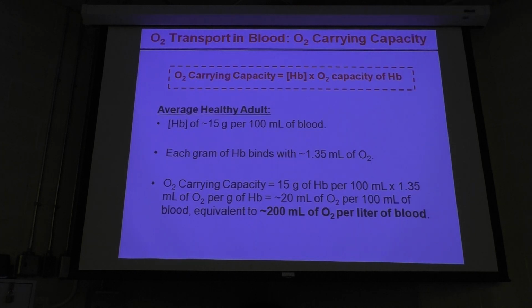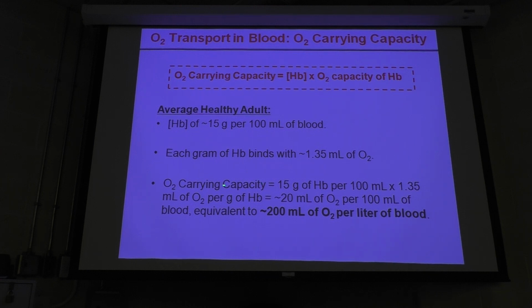Okay? So the oxygen carrying capacity is equal to the concentration of hemoglobin multiplied by the oxygen carrying capacity of hemoglobin. An average healthy adult has a hemoglobin concentration of about 15 grams per 100 mLs of blood, and each gram of hemoglobin binds approximately 1.35 mLs of oxygen.